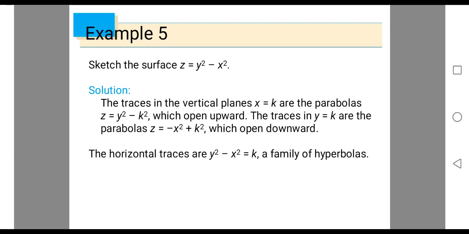And the horizontal traces are y square minus x square is equal to k, a family of hyperbolas, right? So this clearly indicates three kinds of curves. First one is a parabola opening upward. Second one is a parabola opening downward. And third one is a horizontal trace, which is from the family of hyperbolas, right?